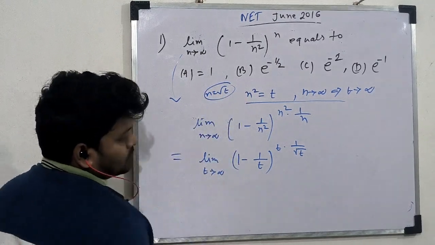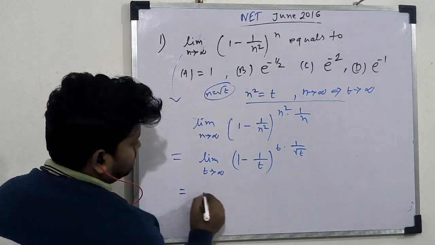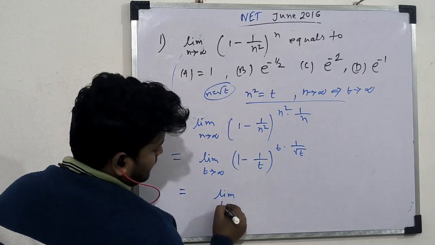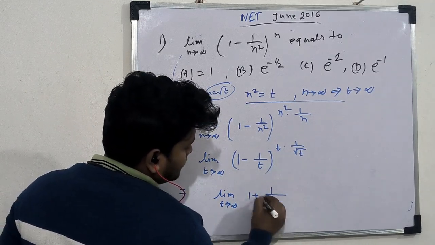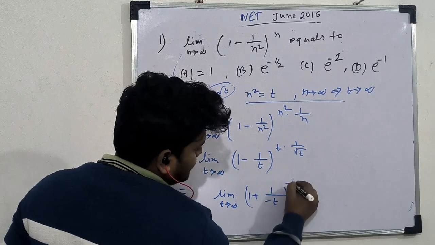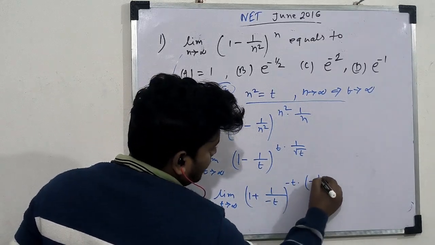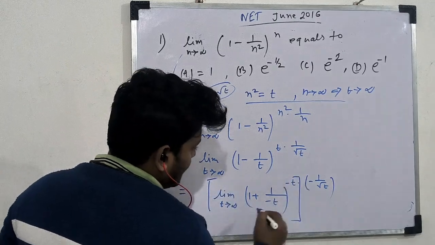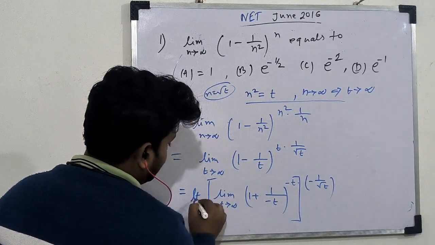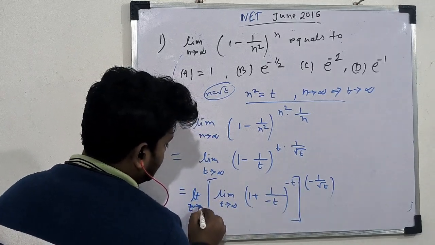So from this we can write limit t tends to infinity (1 + 1/(-t)) to the power minus t into minus 1 by root t, and now we can take this as this, and this is limit t tends to infinity.